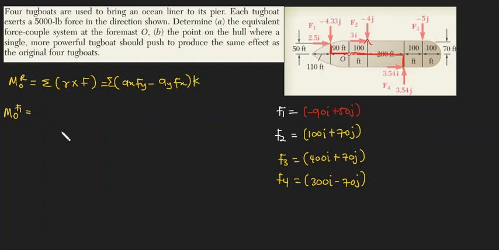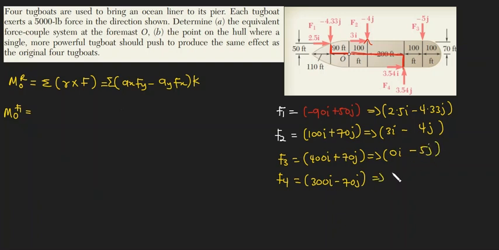So we know the components of the force. Let me write the components here also. For the first force, you have 2.5i and then minus 4.33j. And for this one we have 3i minus 4j, and for this we have 0 for the i component and minus 5 for the j component.